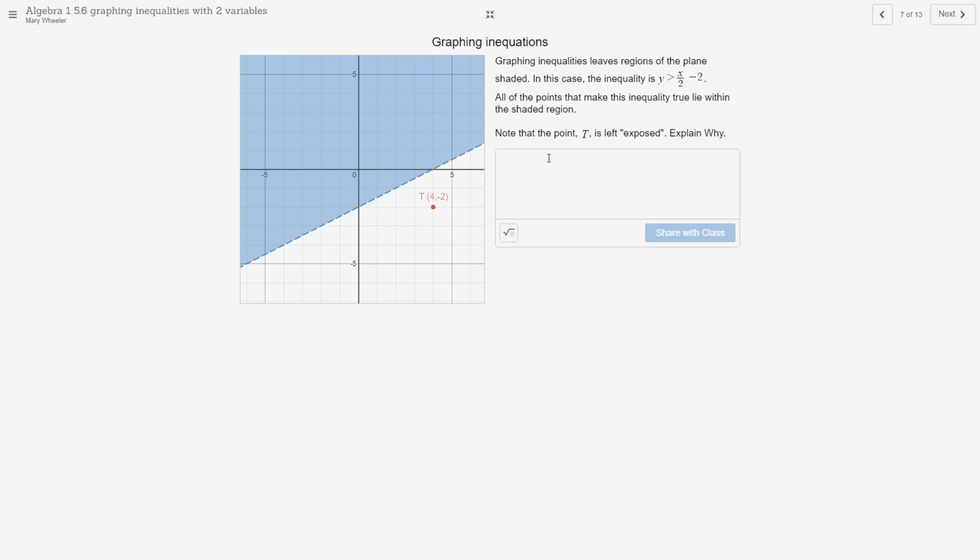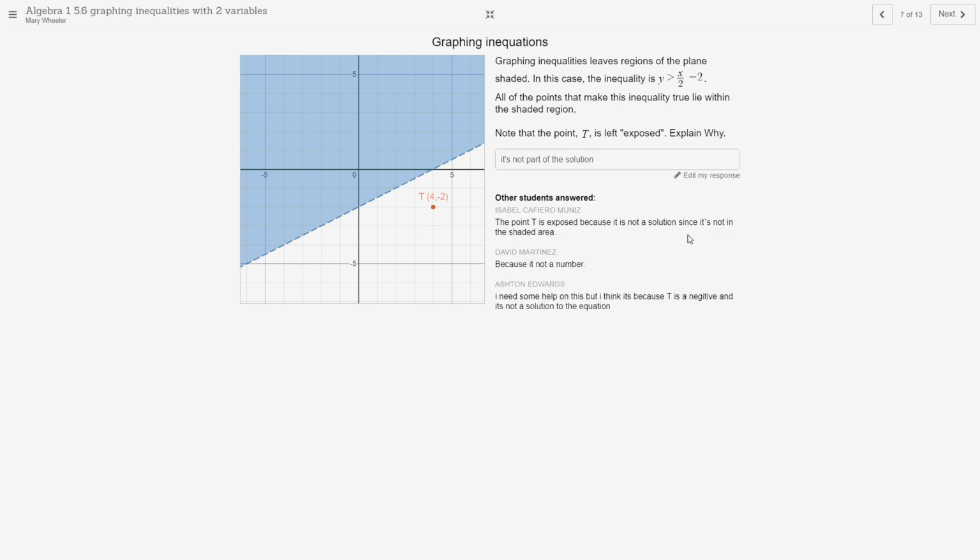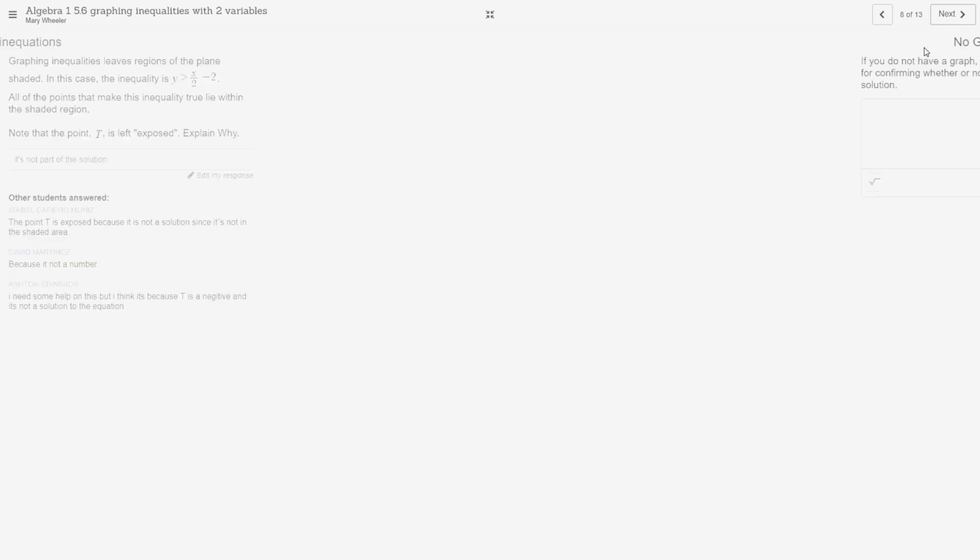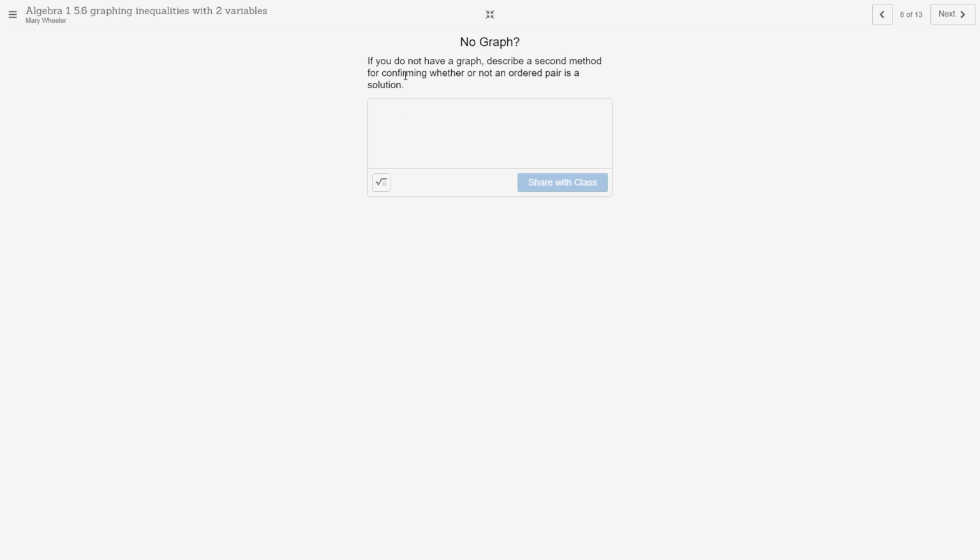So notice that the T is exposed. Explain why. It's not part of the solution. So if you do not have a graph, describe a second method.